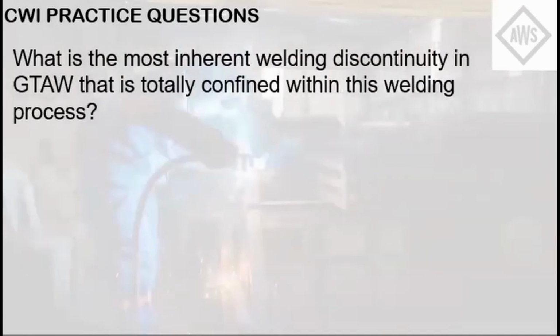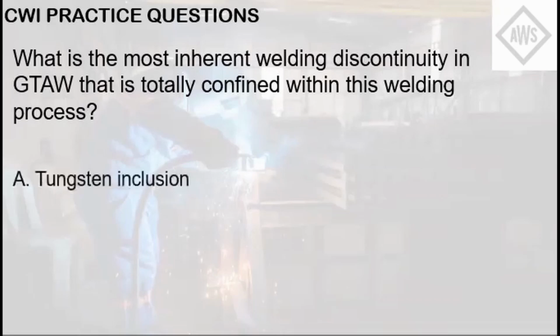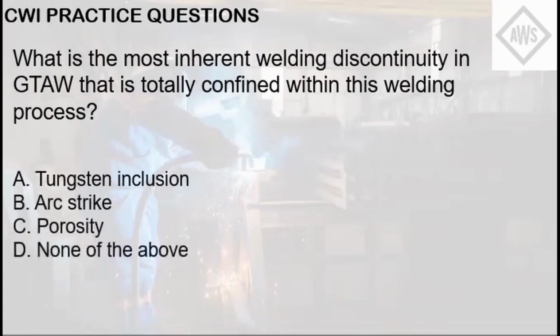So next question. What is the most inherent welding discontinuity in GTAW that is totally confined within this welding process? Letter A, tungsten inclusion. Letter B, arc strike. Letter C, porosity. Letter D, none of the above. The question being asked here is, what is a welding discontinuity that is totally exclusive with GTAW?